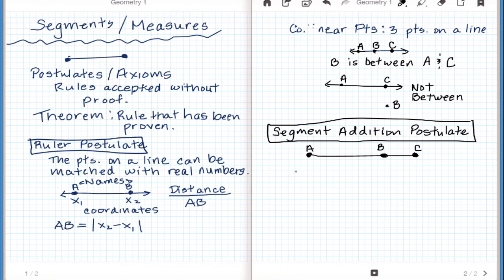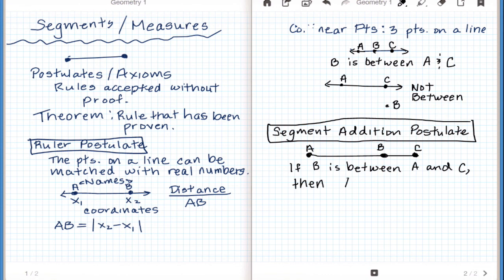So if B is between A and C, so go ahead and write that. If B is between A and C, which means they're collinear, then this rule that I'm going to put should apply.